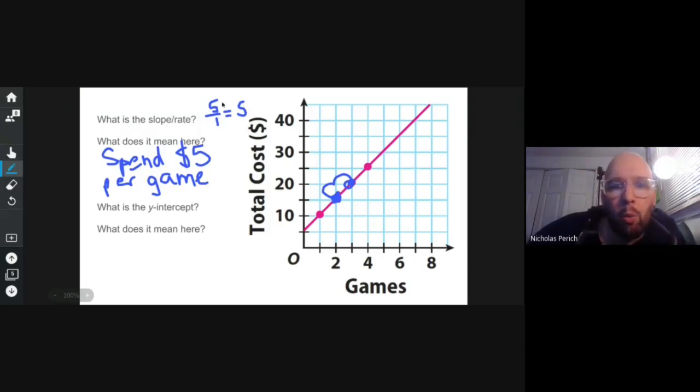Okay, it's y-axis per x-axis. $5 per 1 game. My total cost is $5 per 1 game. So I will say $5 per game.